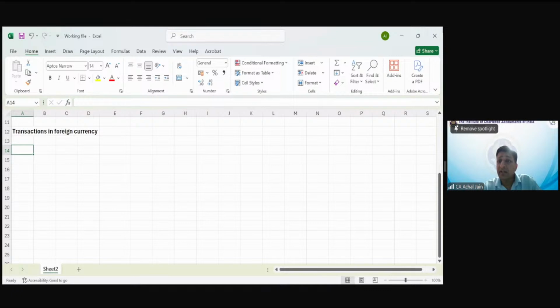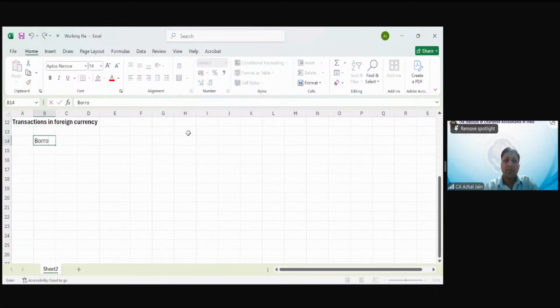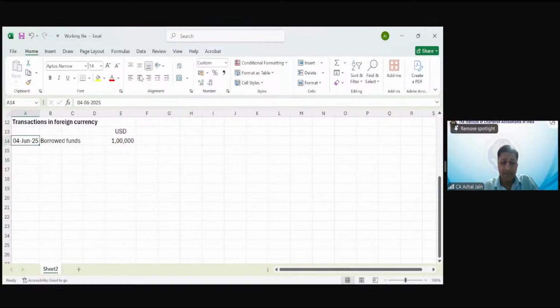Now, what does it mean? Let's try to understand this with the help of one example. Say a company borrowed funds. What is the amount? Let's suppose it's 1 lakh USD. The funds are borrowed in USD. Say this transaction has taken place on 4th of June 2025.